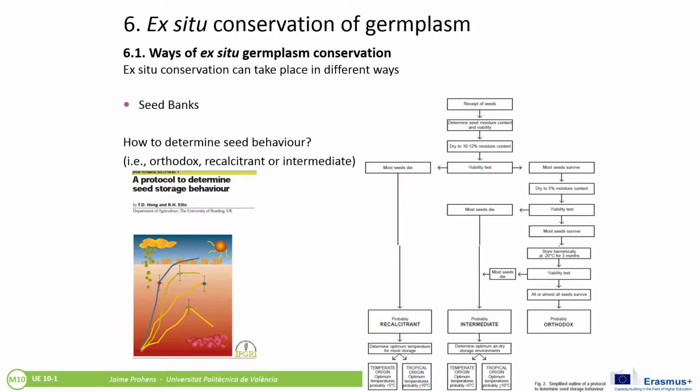Several tests are applied, consisting in desiccation of seeds at different degrees and depending on tolerance. Seeds highly tolerant to desiccation are considered as orthodox. Those that do not resist even moderate desiccation are considered recalcitrant, and those with intermediate behavior are classified as intermediate.